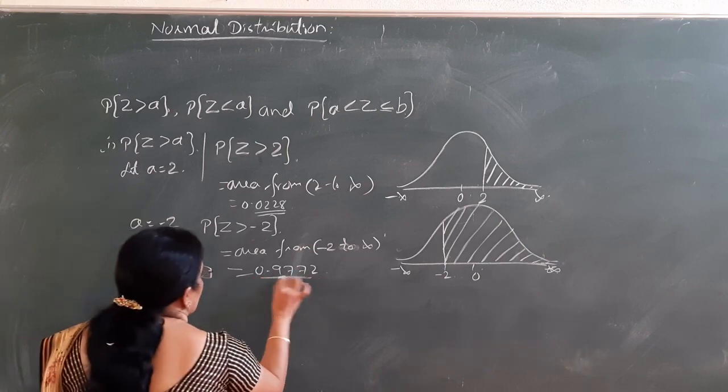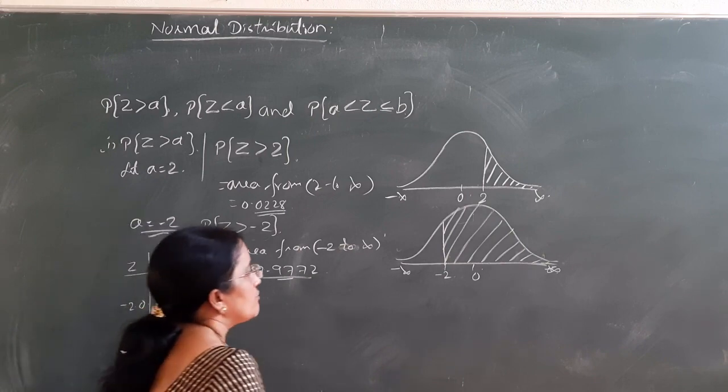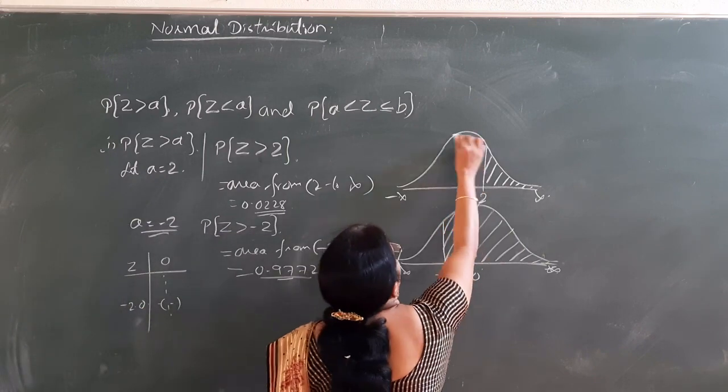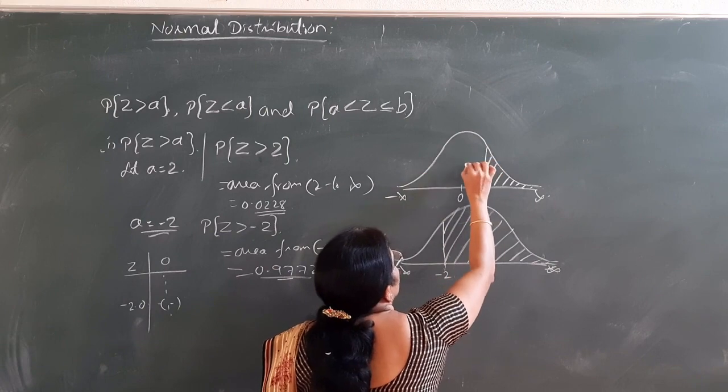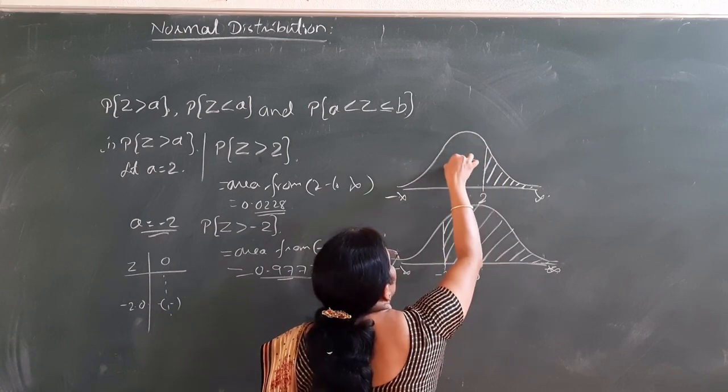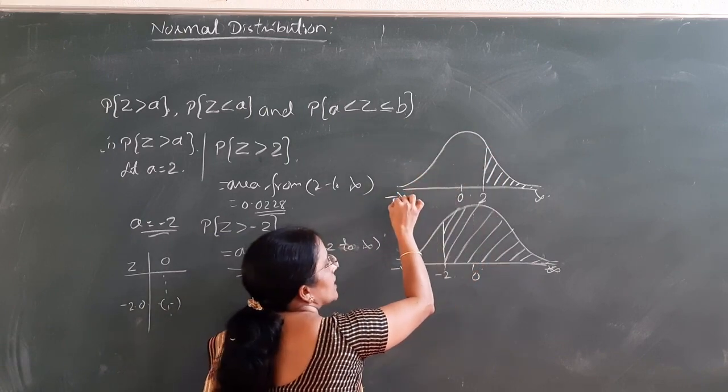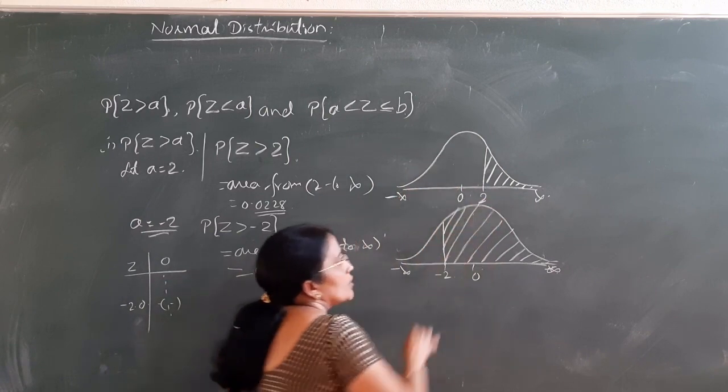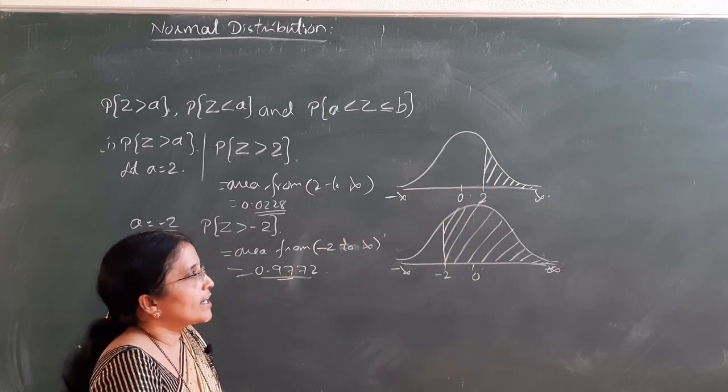Next, imagine we want to find this unshaded region. If we want to find this unshaded region, that is the area from -infinity to 2, then how can we find this?